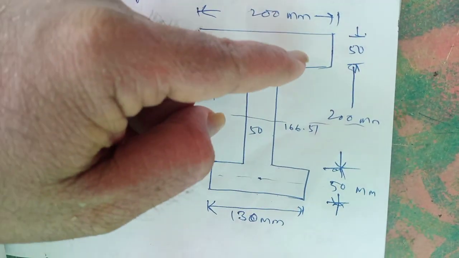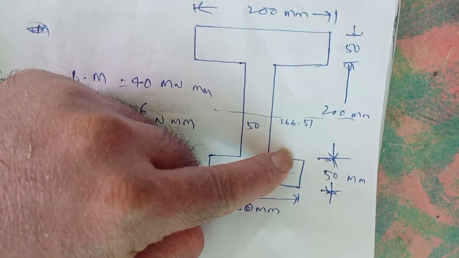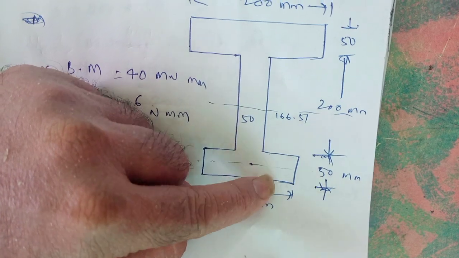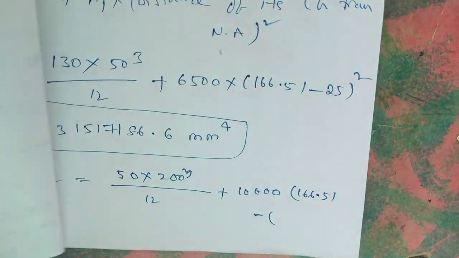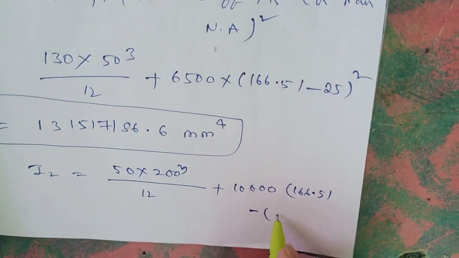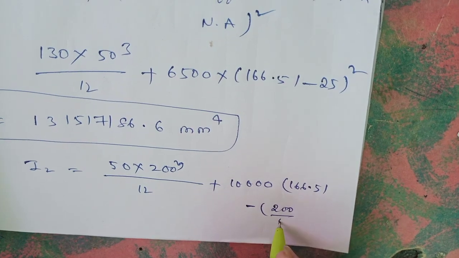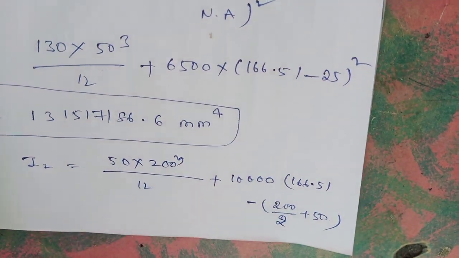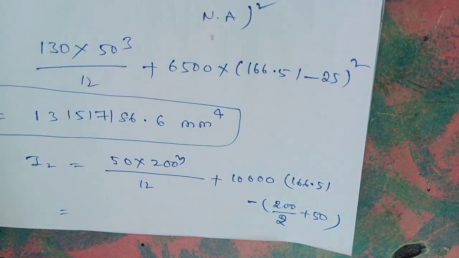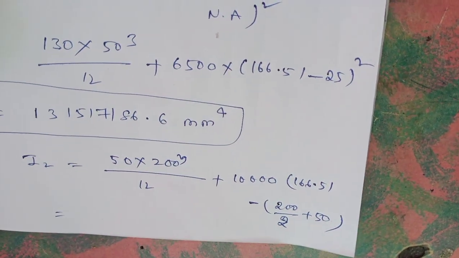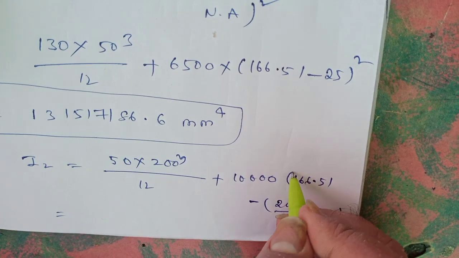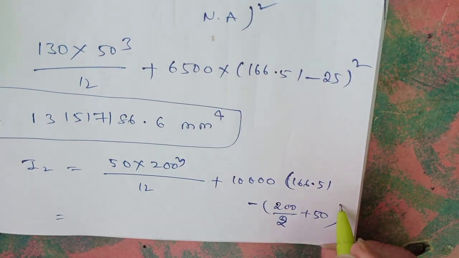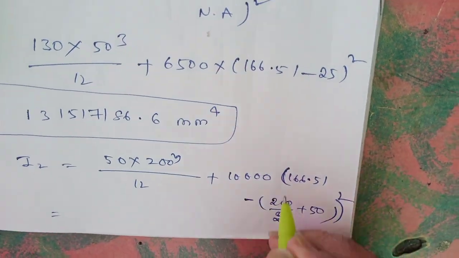So that is 200 by 2 plus 50, whole square.